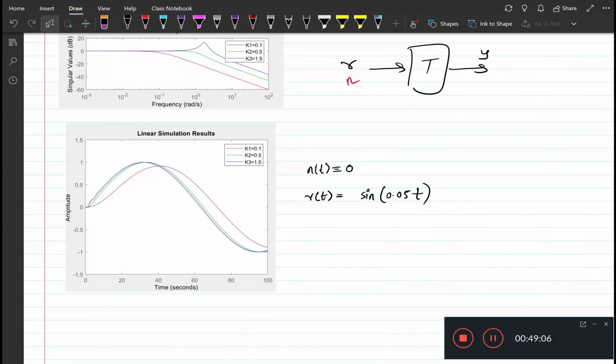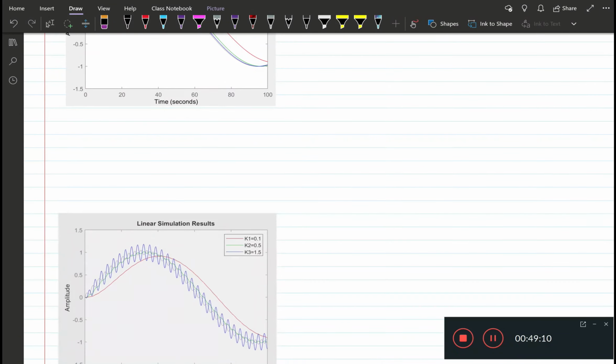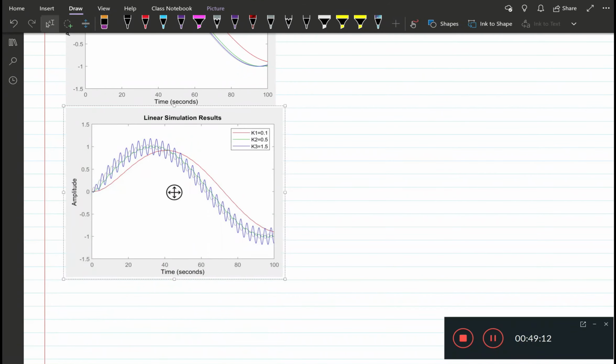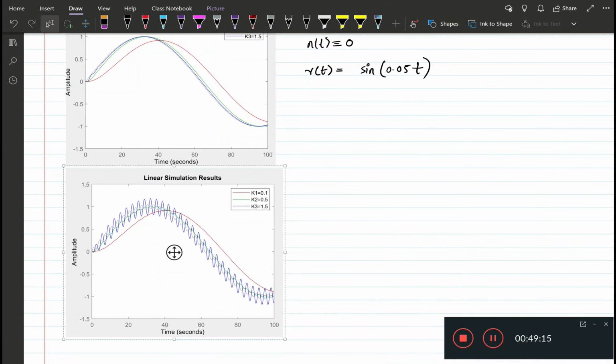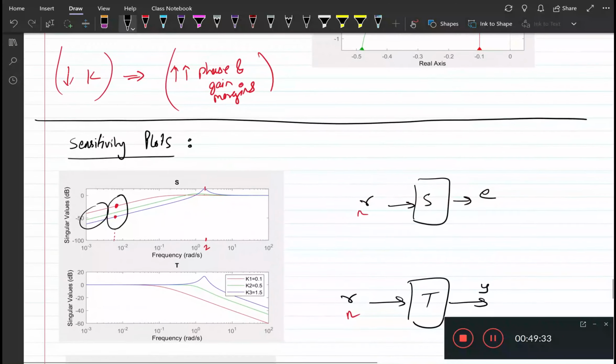And now if you inject noise, so let me bring this here. So now if you inject noise, the reference is sine of 0.05t as before, but now I have a noise, again a 5% noise, injected at 1.90, which is where we saw the peak around 2.